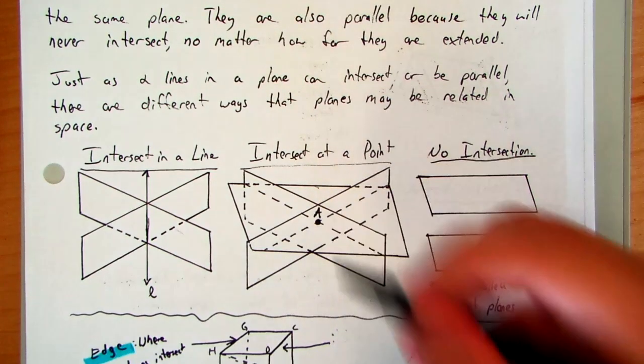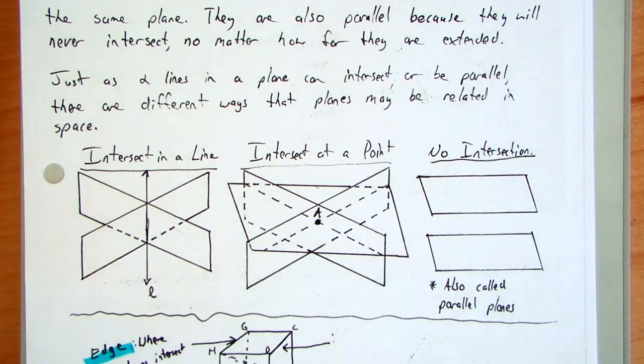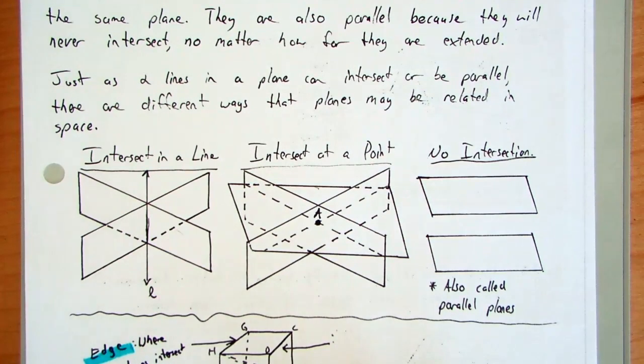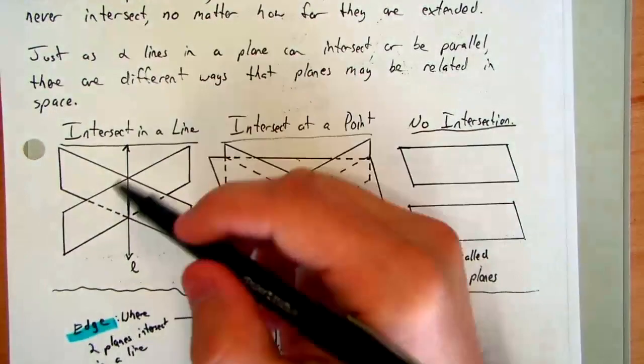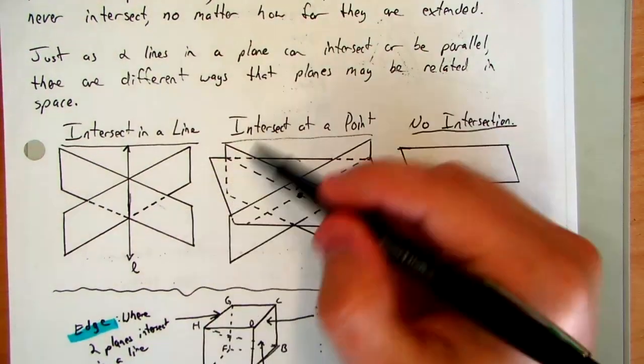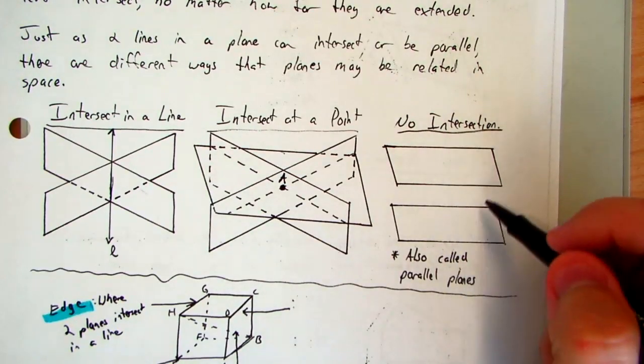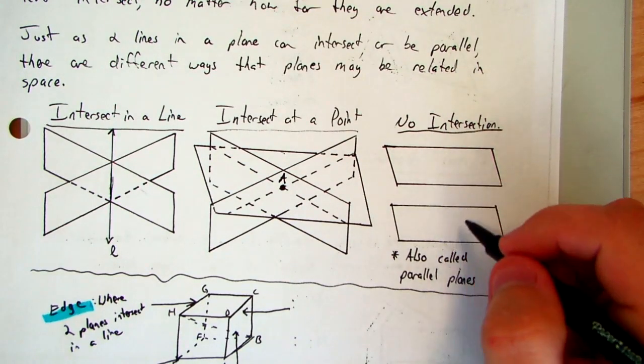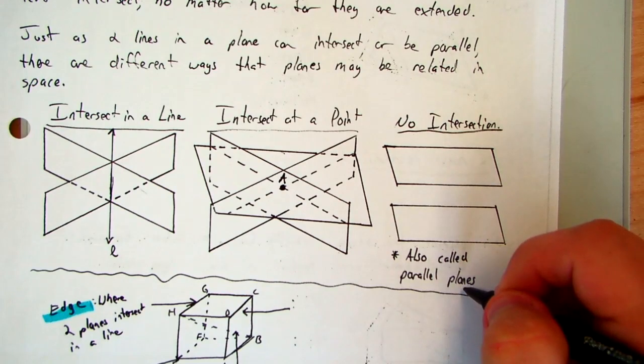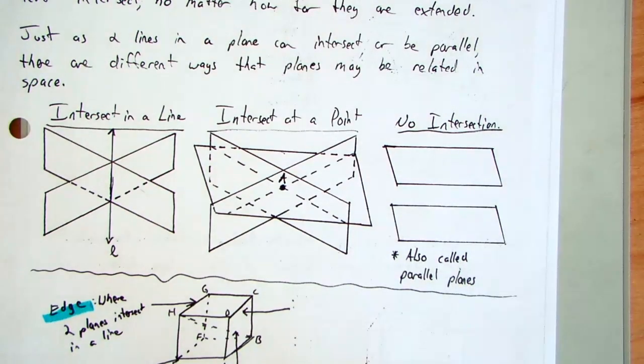Now, we could have two planes that intersect, we could have three planes that intersect, or we could have no intersection. And in this case, this would also be called parallel planes. So if we look at this rectangular prism here, this first one, HG, that's intersecting in a line.